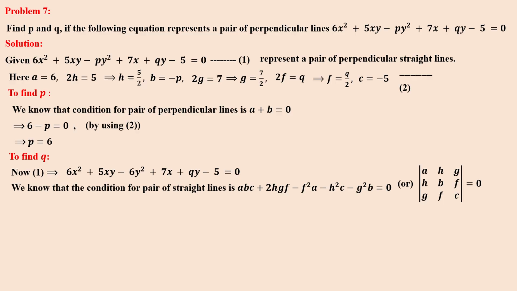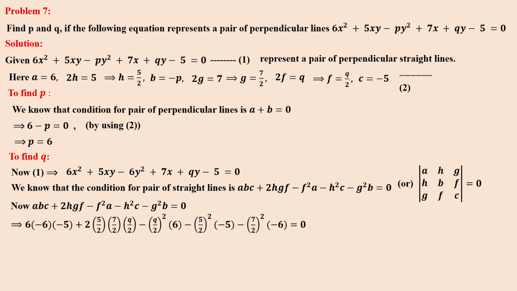Substituting the values, we will get 6 into −6 into −5, abc, plus 2 into h 5 by 2, g 7 by 2 and f q by 2, minus f² (q by 2 squared) into a 6, minus h² (5 by 2 squared) into c −5, minus g² (7 by 2 squared) into b −6, equal to 0.